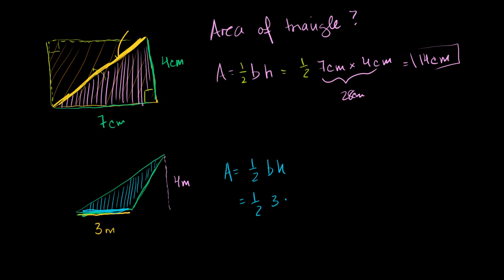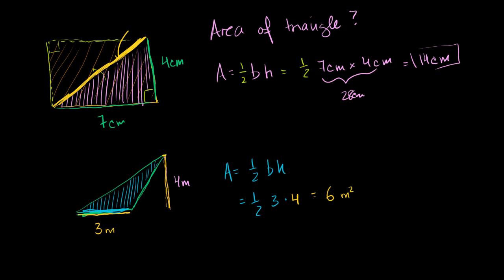Or I guess a better way to think of it is an altitude of the triangle. So this thing isn't even in the triangle, but it is literally the height. If you imagine this was a building, you say, how high is the building? It would be this height right there. So 1/2 times 3 times 4. 3 times 4 is 12, times 1/2 is equal to 6. We're going to be dealing with square meters.